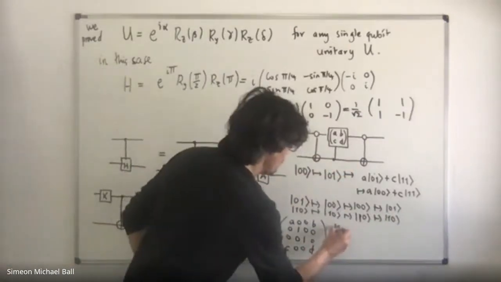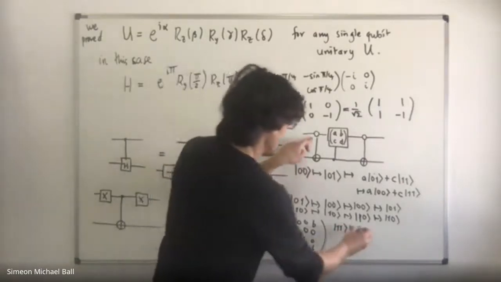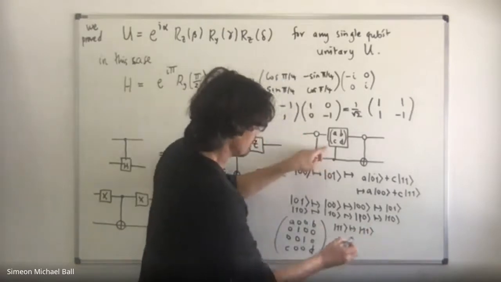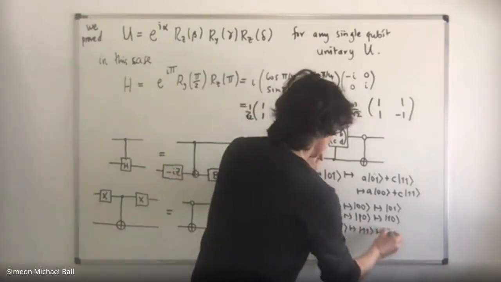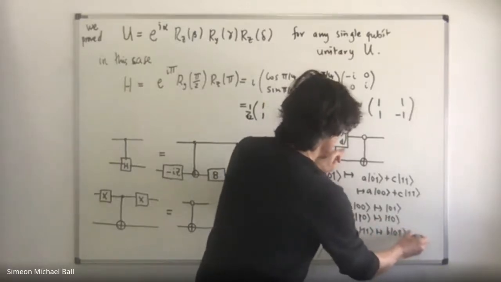And finally, 1, 1 goes to not set, so nothing happens. 1, 1. Here it is set, so we apply the unitary, which goes to B0 plus D1.